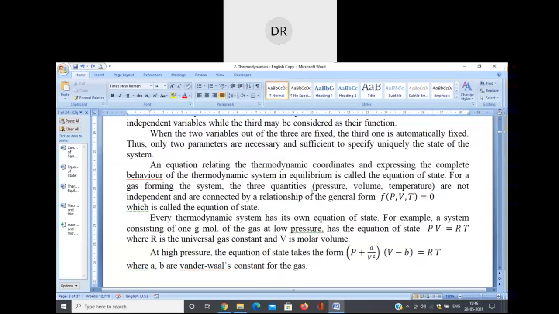In earlier classes, or in intermediate classes, we observed the boiling of water, measuring the boiling point of water, and the liquefaction of water, that is, when ice changes into water.